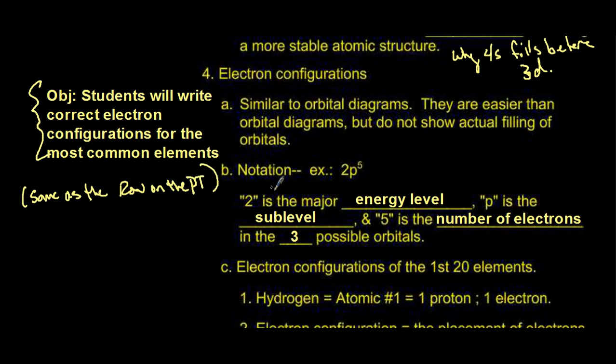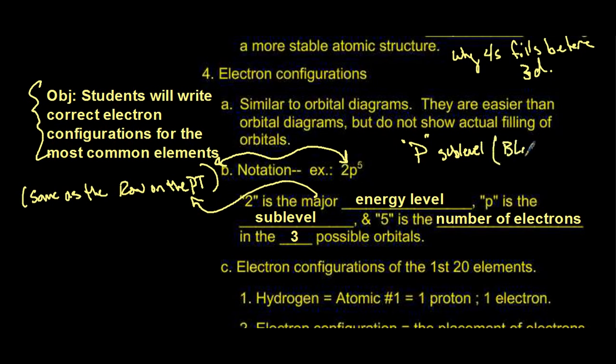On the periodic table, the major energy level is the same as the row on the periodic table, which is the 2. The P is the sublevel, and it is represented by the block on the periodic table, and I will explain that in a little bit.